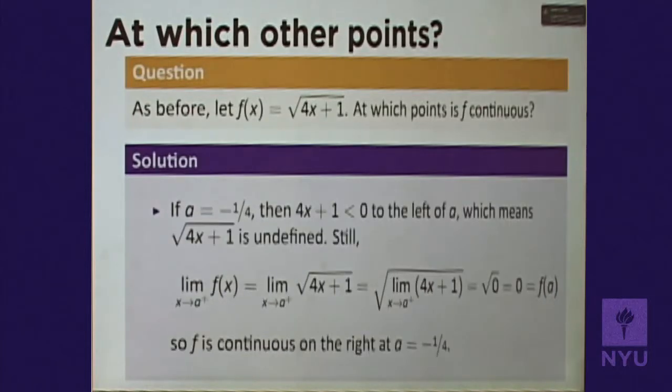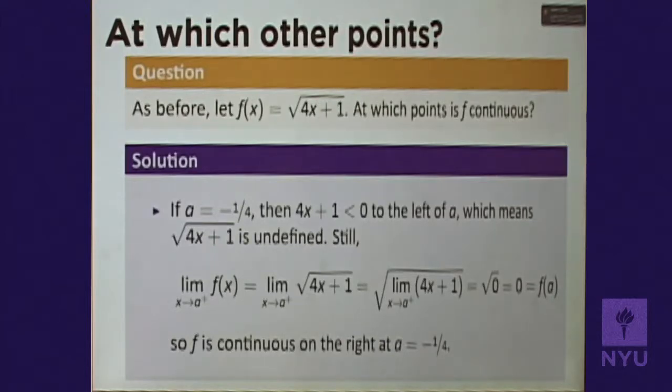The only other point to consider is the point a equals negative 1/4 by itself. Now, if a equals negative 1/4, then 4a plus 1 is equal to 0. And we can take the square root of 0, that's 0. But what we can't do is take the limit as x goes to a of the square root of 4x plus 1.